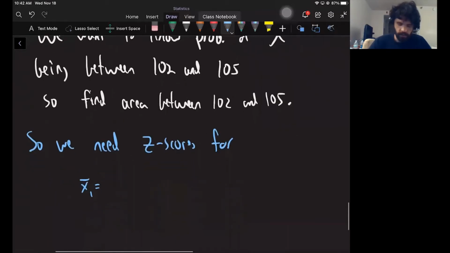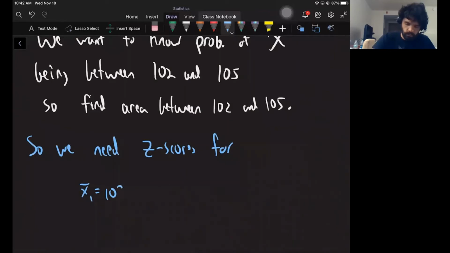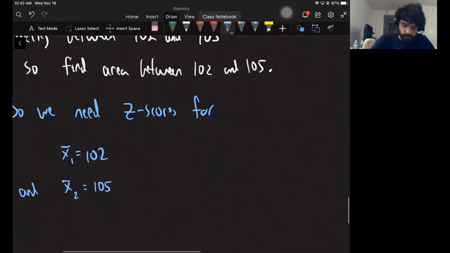So now we're looking at two specific values. We're looking at 102 and 105. So because there's two values I'm looking at in this problem, I'm subscripting with 1 and 2 to distinguish between them. Okay, so I need to get two z-scores, one for each of these.